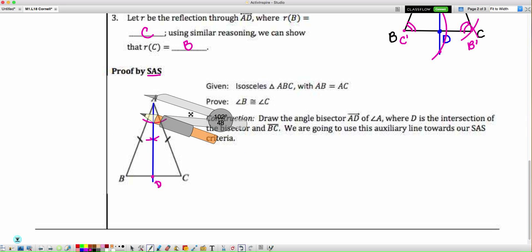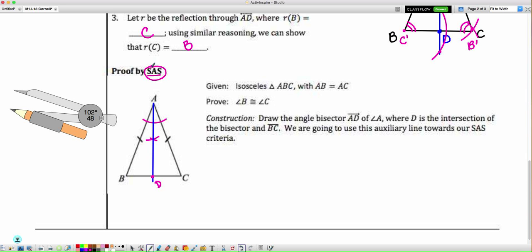So the reason I'm doing that is because anytime I use SAS, I should have two triangles that I'm comparing to each other. So now, before I started with just one triangle, now I've split it down the middle, so I've got two of them. So D is the intersection of the bisector and BC, just like we had before. We're going to use this as an auxiliary line to help us get to SAS congruence.